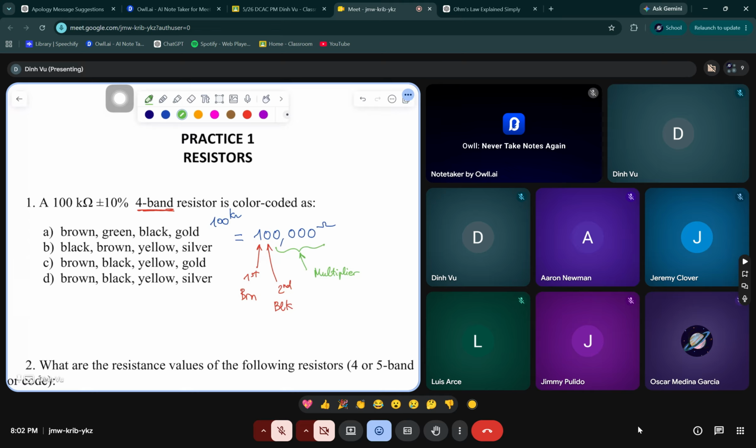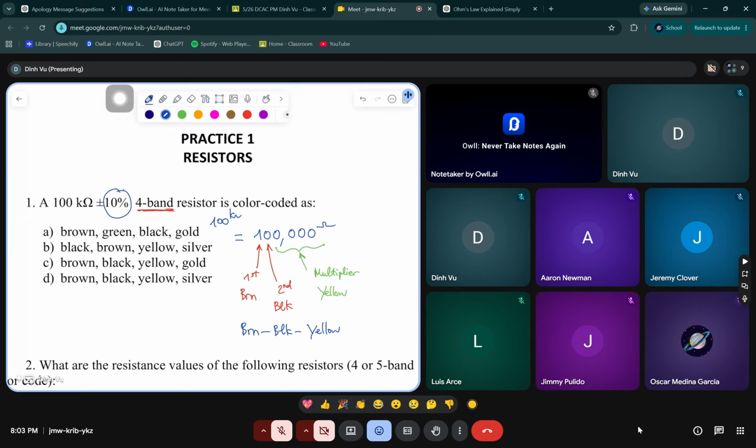What is the color of 4? Yellow. Okay, yellow. So finally, our code here will be brown, black, yellow.